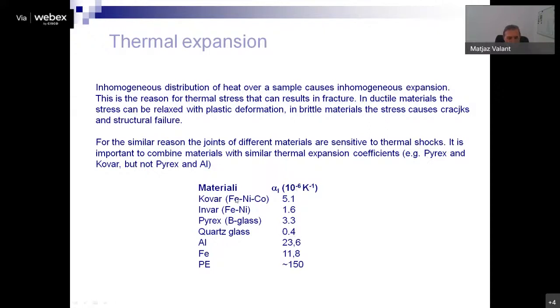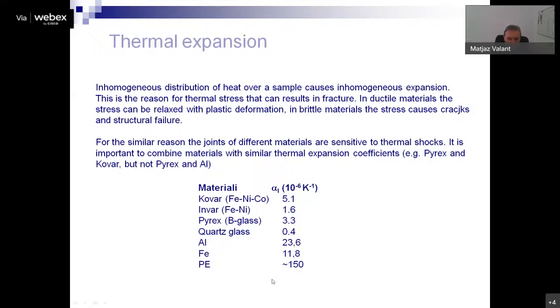While other glasses, like Pyrex glass, have a much higher thermal expansion coefficient. We have also some metals with even higher expansion, and polymers which can expand very strongly, very intensively.